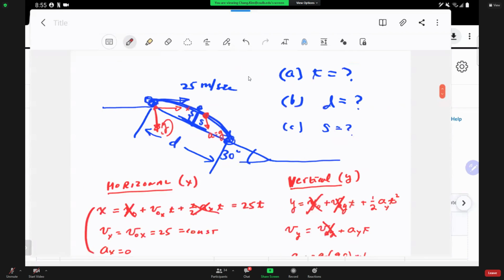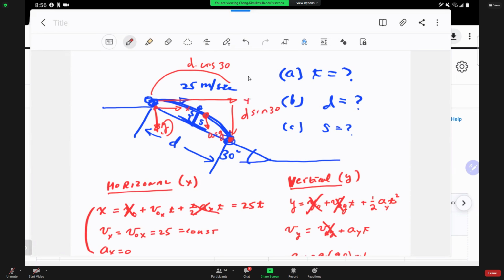Okay, when this guy lands right here, he's traveled in the x direction how much? D times cosine, right? So this is going to be d times cosine 30. And the vertical position or travel that he did is d sine of theta.